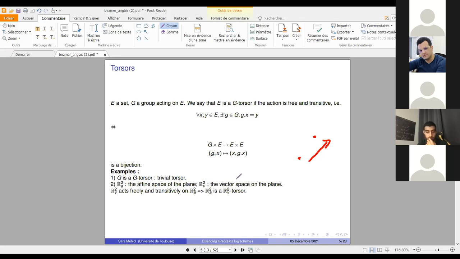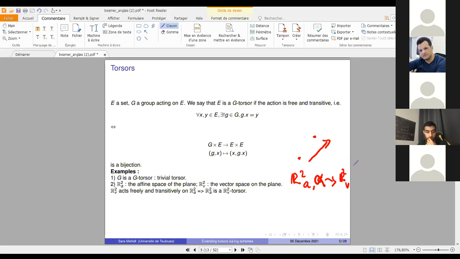And here what we note is that, for example, when I take the affine space and I fix a point there, then I can build a bijection to the vector space. So whenever I fix a point, I have a bijection to the vector space. So this leads me to the trivial torsor. So I can see this as a trivial torsor since it's in bijection with the group which is acting on it.